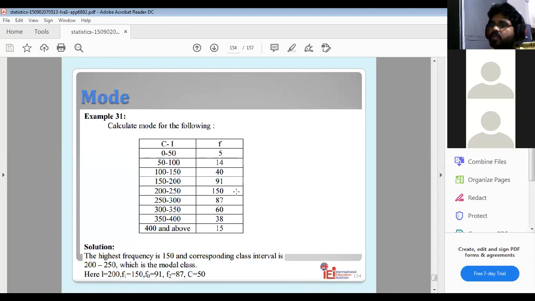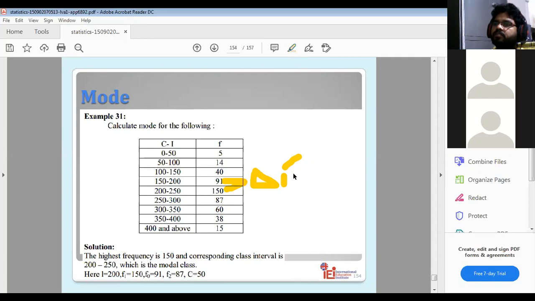The absolute difference, delta 1, is between 91 and 150. What is the absolute difference? It is 59. Delta 1 is equal to 59.